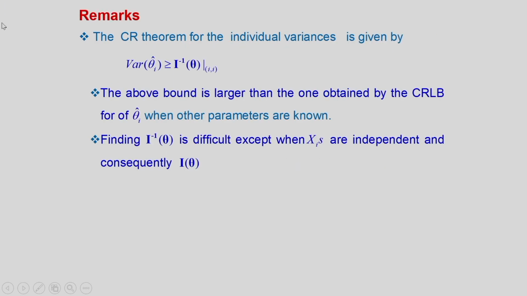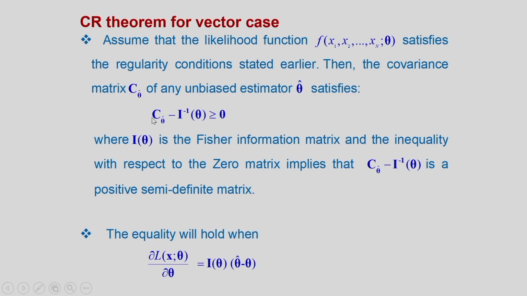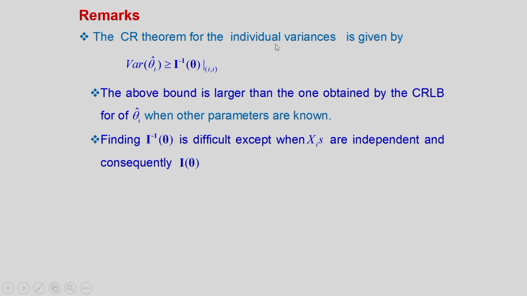We will make some remarks. Suppose we have found the bound in terms of C of theta hat. What will be the bound for an individual element of C theta hat? The individual variance will be given by: variance of theta i hat will be greater than or equal to the ith diagonal element of I inverse theta. This is the variance of theta i hat. The above bound is larger than the one obtained by CRLB for theta i hat when other parameters are known.